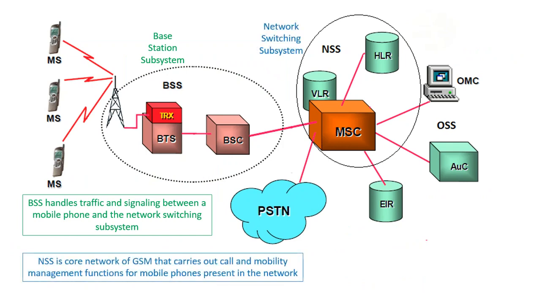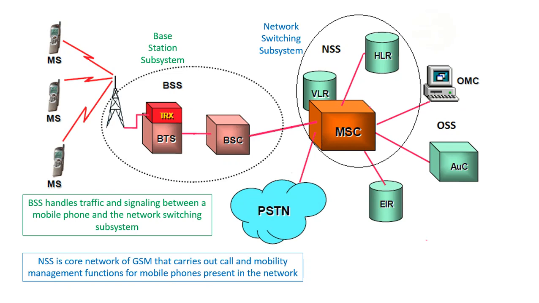Next one is NSS, which is network switching subsystem. NSS is a core network of GSM that carried out call and mobility management functions for mobile phone present in the network. NSS has different components.